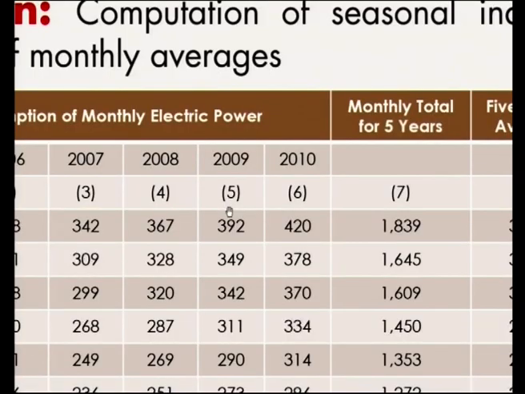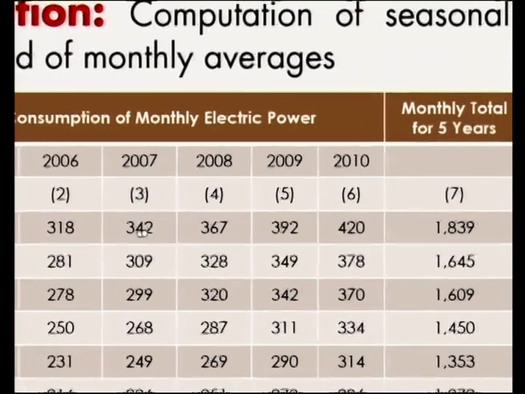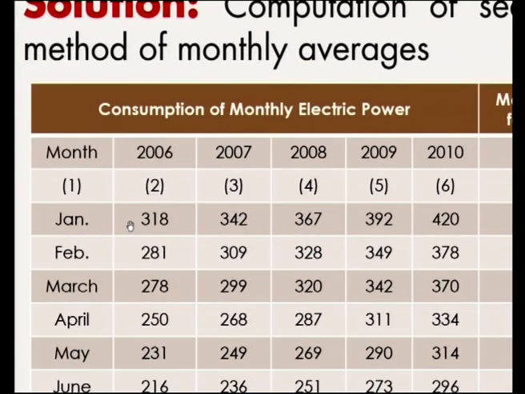Whatever be the format given, first of all write it in this format so that we get the monthly total, that is, the January total particularly for the 5 years, from January 2006 up to January 2010.